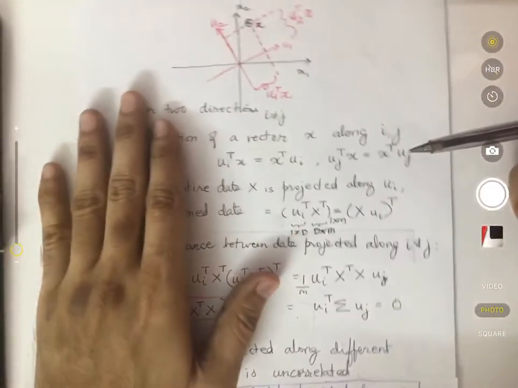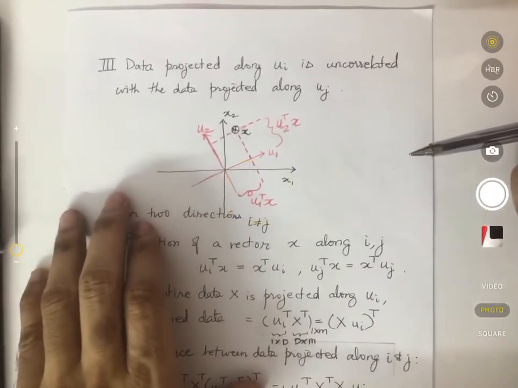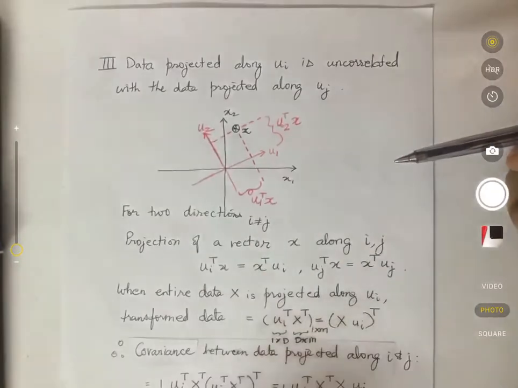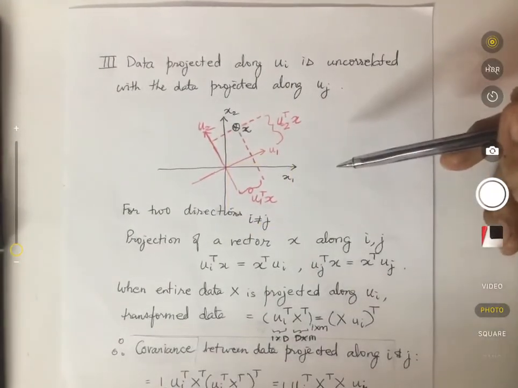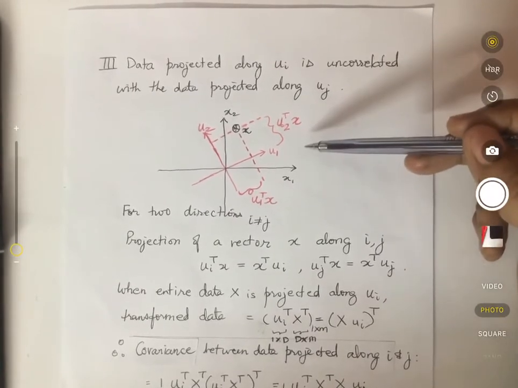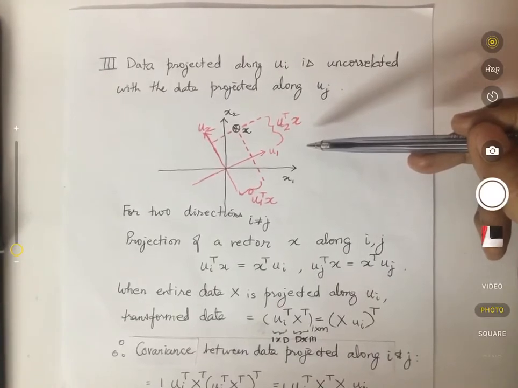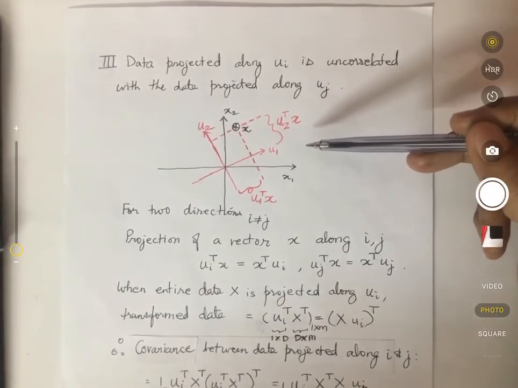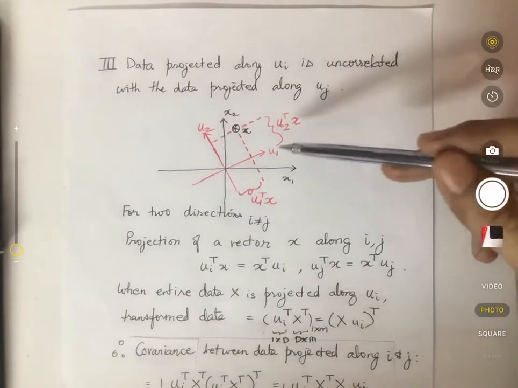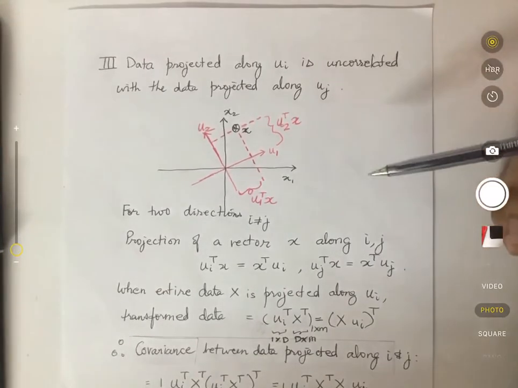And the third property of these eigenvectors is that when you project the data along these eigenvectors, which data? The data using which you have computed the covariance matrix. If you project the data along these eigenvectors, then the projections along the two vectors are uncorrelated with each other.